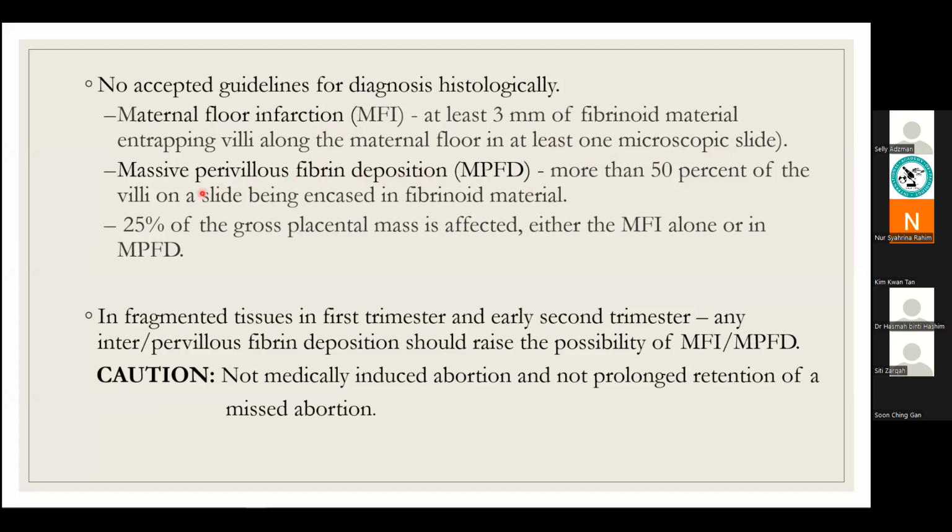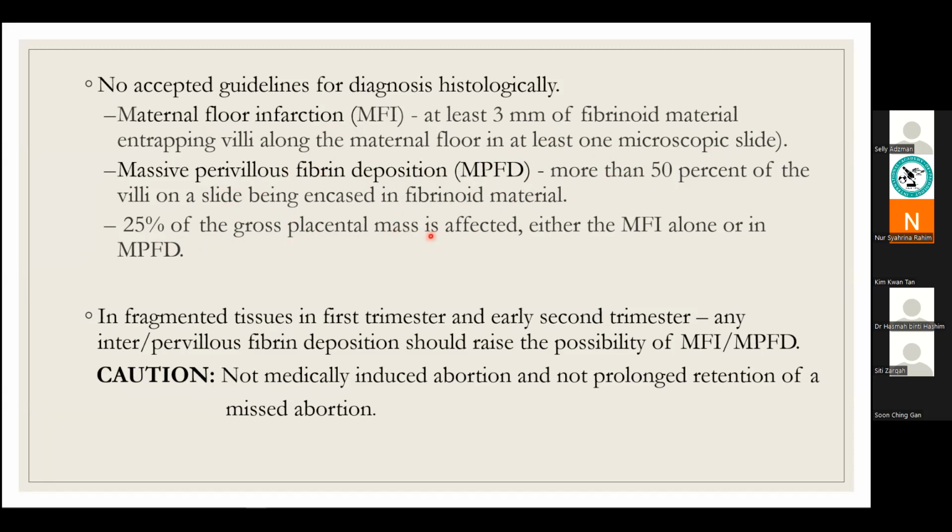For massive perivenous fibrin deposition, I will require 50% of the villi on the slide encased by the fibrinoid material. However, this must be supported by the grossing: 20% of the gross placental mass is affected.